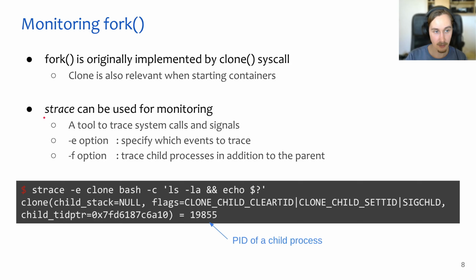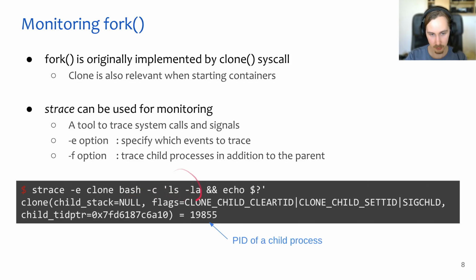And we can investigate which syscalls our C library actually does by using the strace tool. With strace we can filter for clone syscalls only, and then run bash in this strace environment.